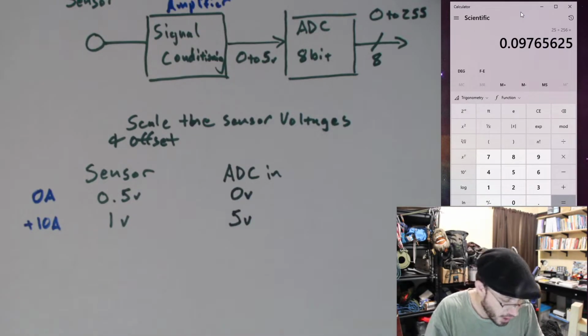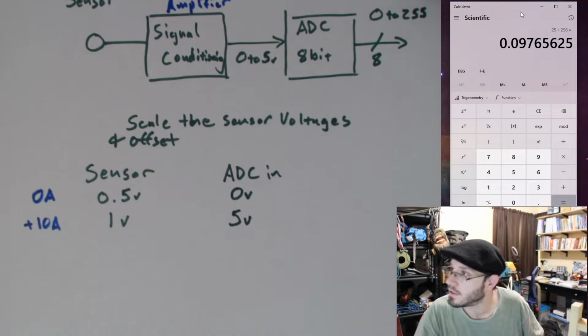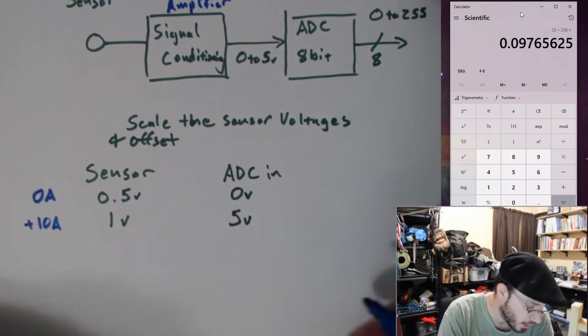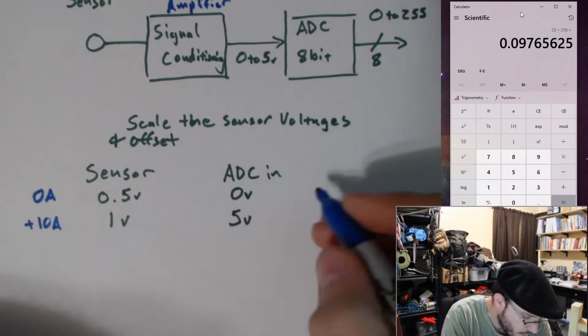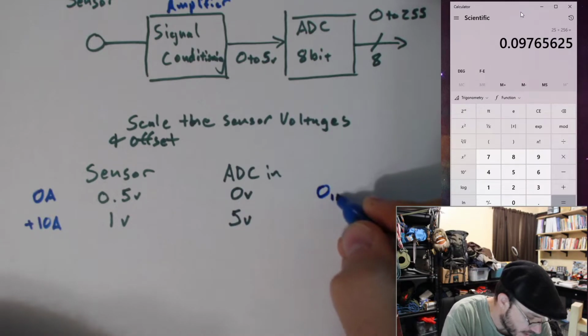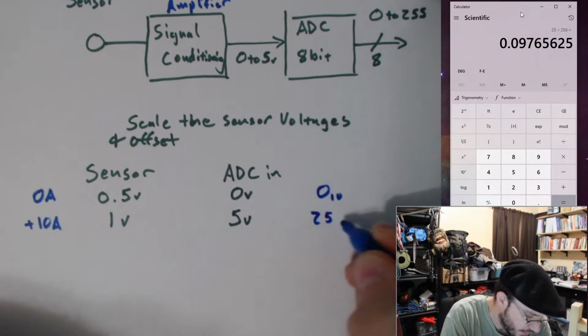And then as far as the numeric values that we will get from this analog digital converter, we will get 0 base 10 and 255 base 10.